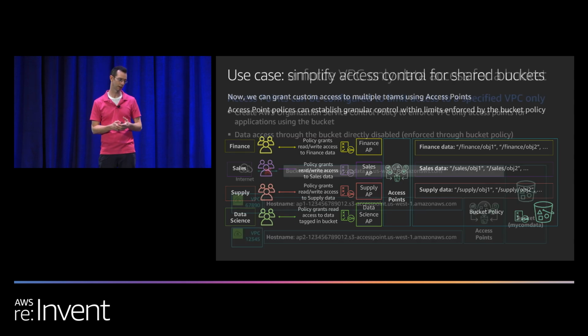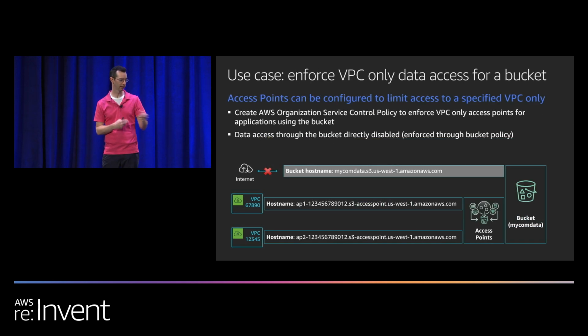You've got the VPC benefits as well. In this example, we see that case that I talked through earlier. We had the bucket host name, basically the bucket endpoint, that was the default one existing today. I don't want any access through that. I just want access through the VPC. So I create two new VPC access points. Then I use the bucket policy to enforce that no access is through the default endpoint.